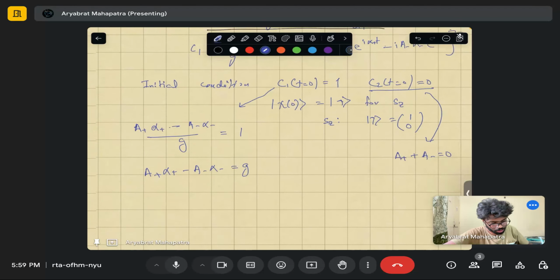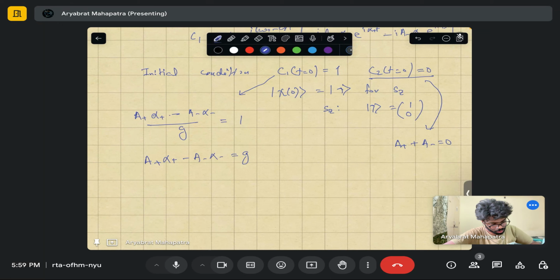So if you solve these two equations, let's call them 1 and 2.